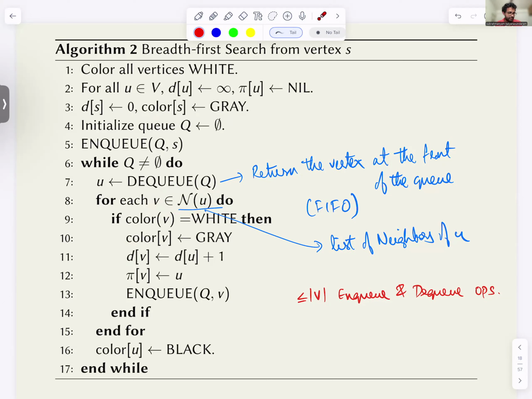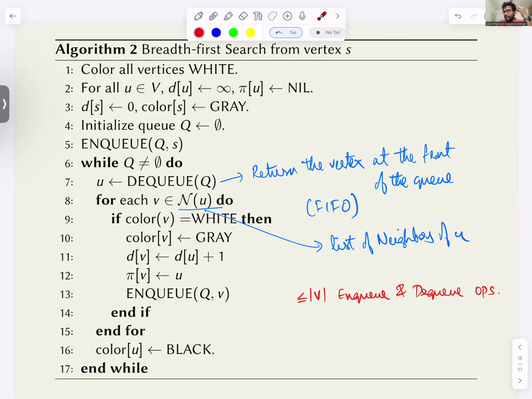At most E times, the number of edges. It depends on a certain thing. It is either E times if the graph is directed, or 2E times if the graph is undirected.